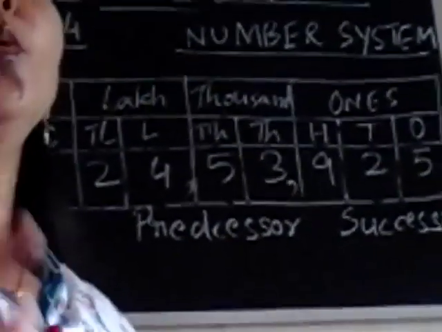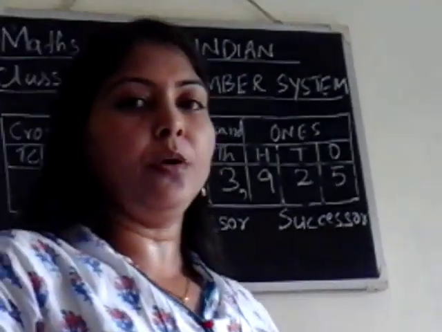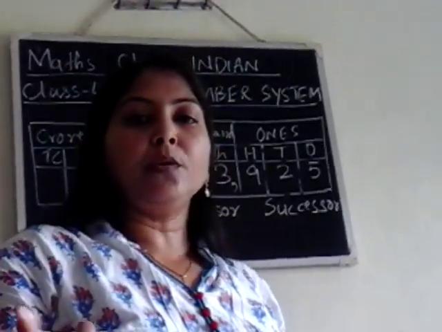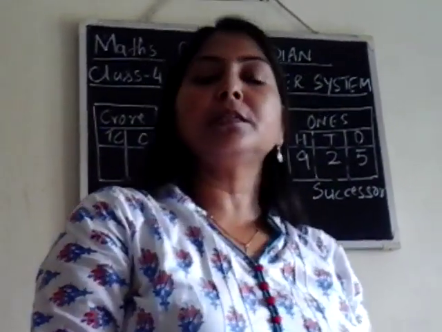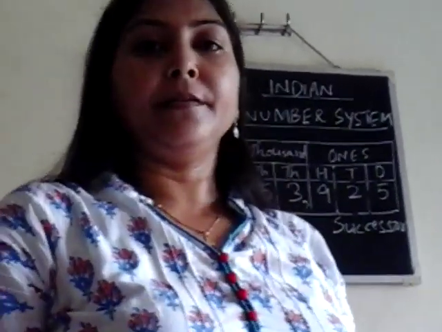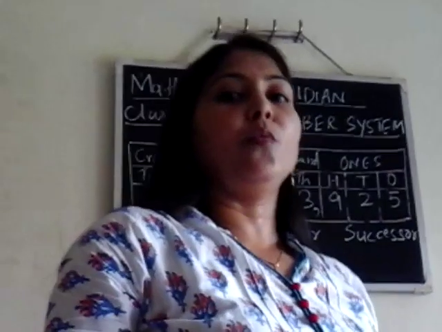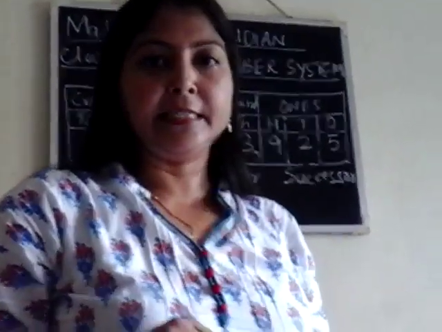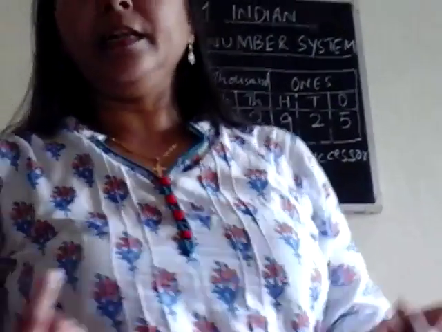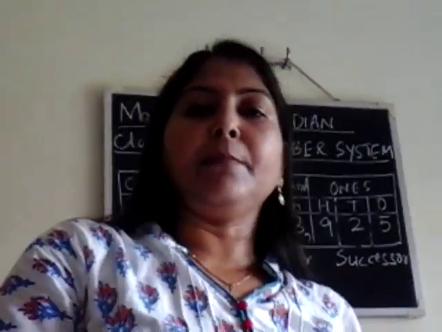Now, if you remember in class 2, 1, 3 also, you must have learned about after numbers and before numbers. Now, what is after number of 10? It is 11. Then what is before number of 20? 19.